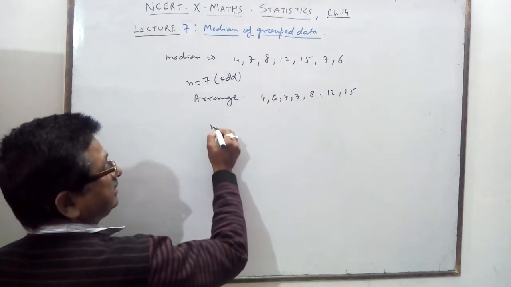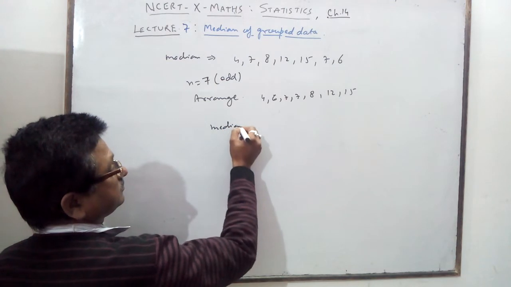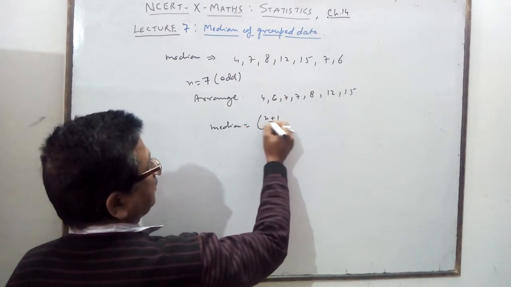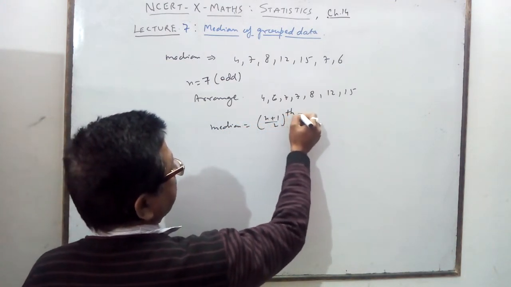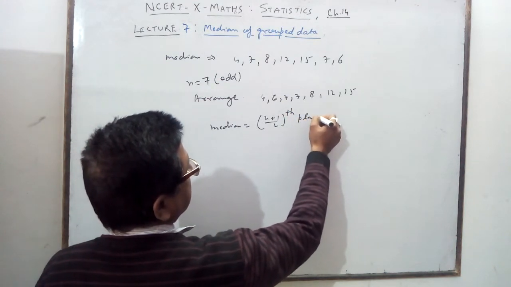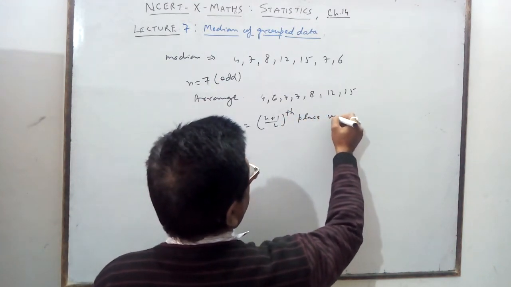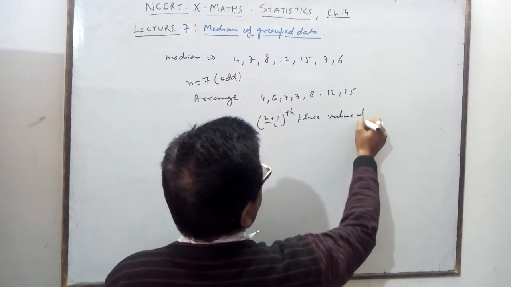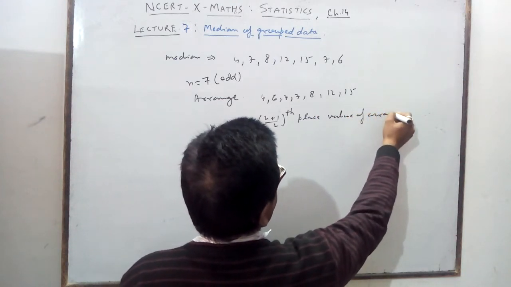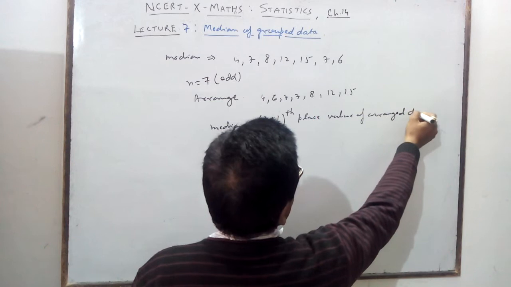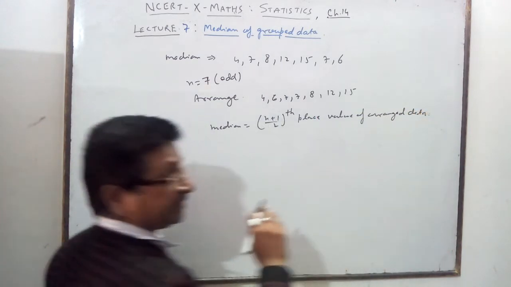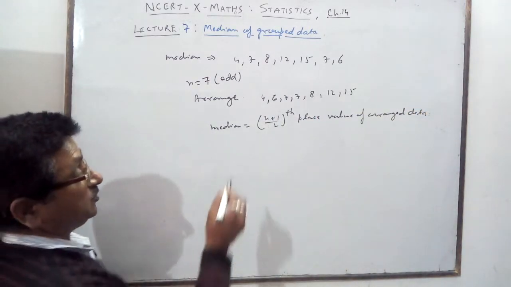Then the median is equal to the value at the (n plus 1) by 2 th place of the arranged data. Arranged data is very important; you will get the median only from the arranged data.